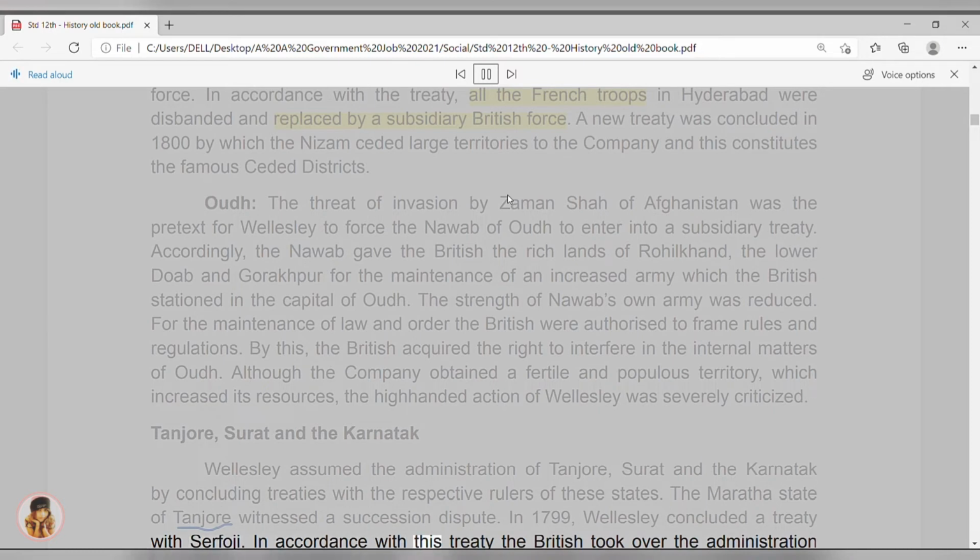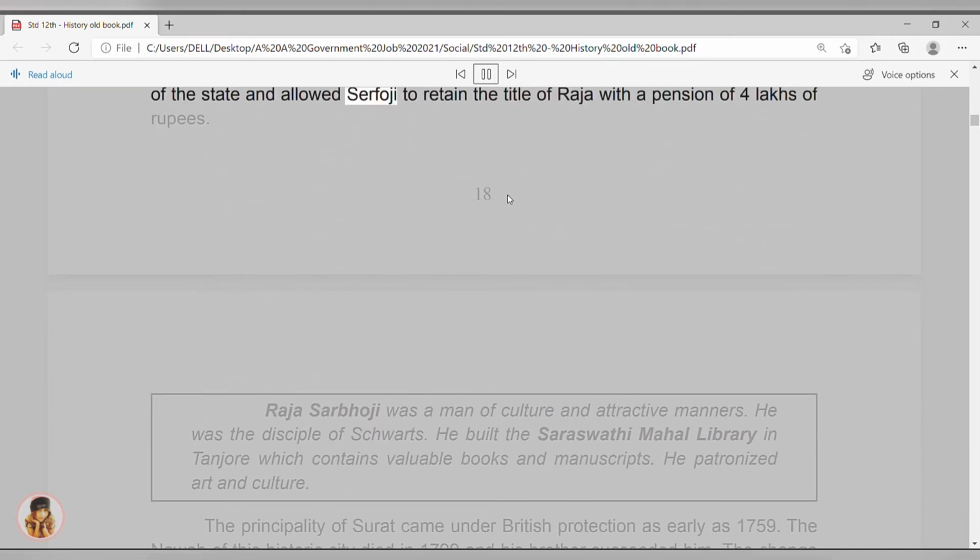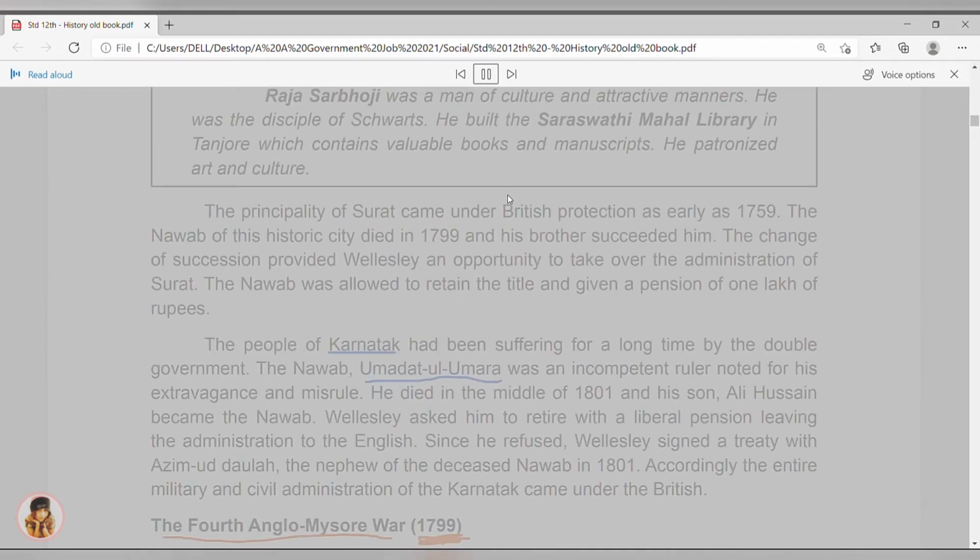In accordance with this treaty, the British took over the administration of the state and allowed Serfoji to retain the title of Raja with a pension of 4 lakhs of rupees. Raja Serfoji was a man of culture and attractive manners. He was the disciple of Schwartz. He built the Saraswathi Mahal Library in Tanjore, which contains valuable books and manuscripts. He patronized art and culture.